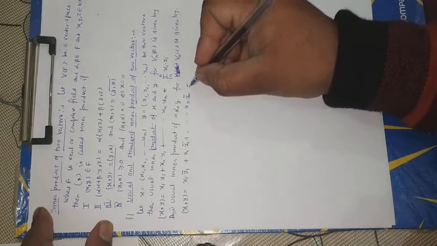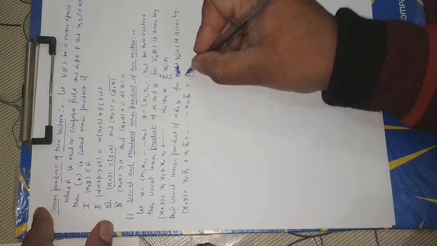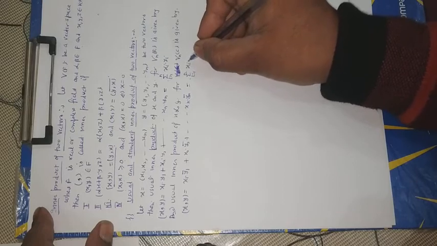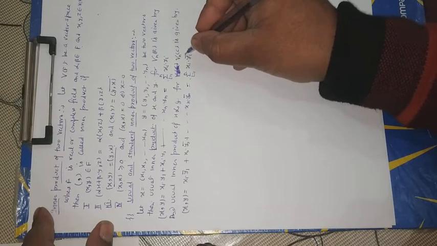This is equal to the summation i equals 1 to n of xi times yi bar.